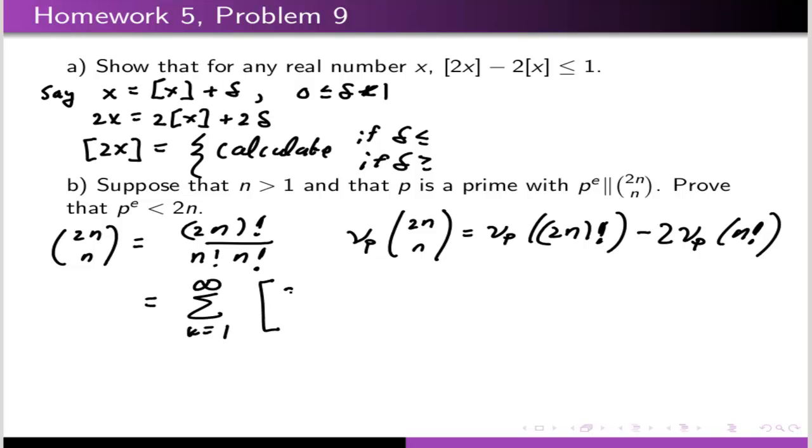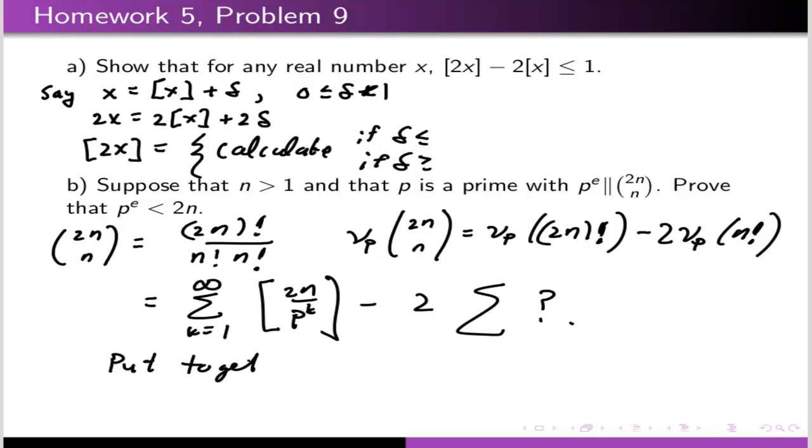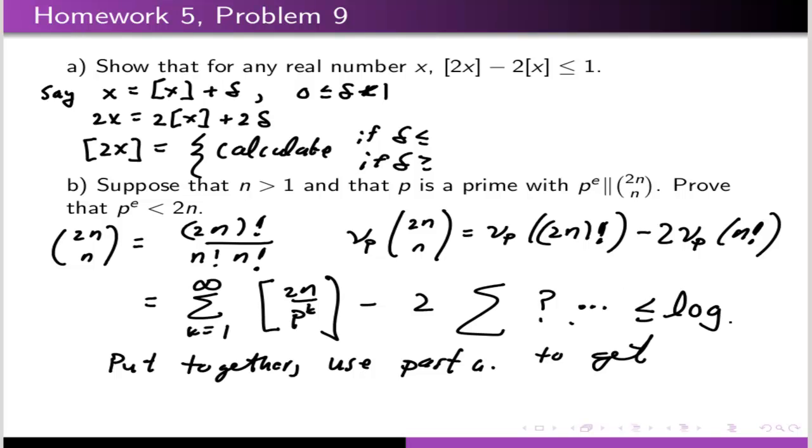So we have bracket 2n over p to the k minus 2 bracket n over p to the k. Put it together and use part A. To get that this is less than or equal to log base p of 2n.